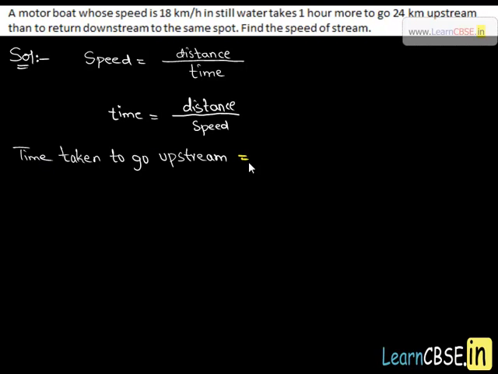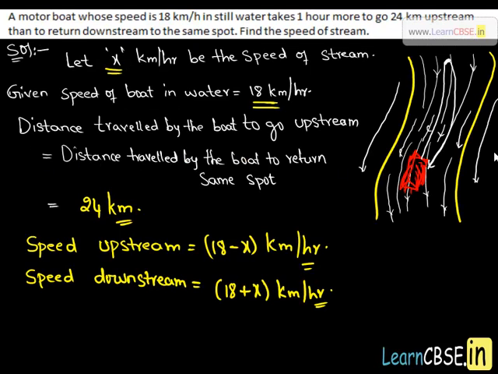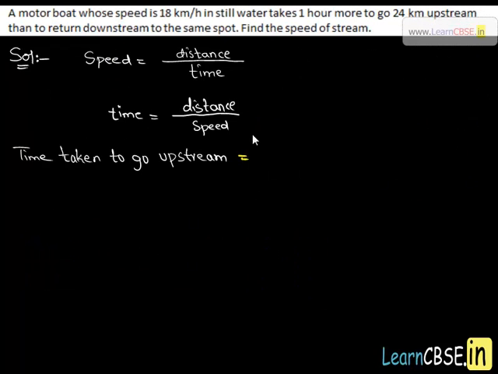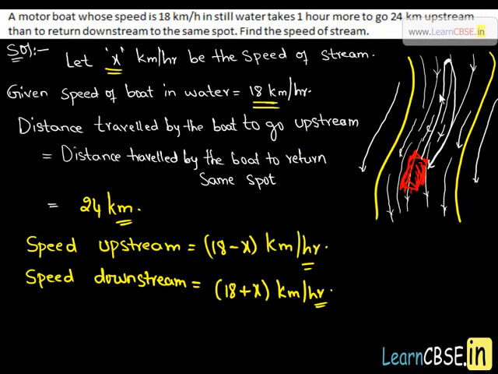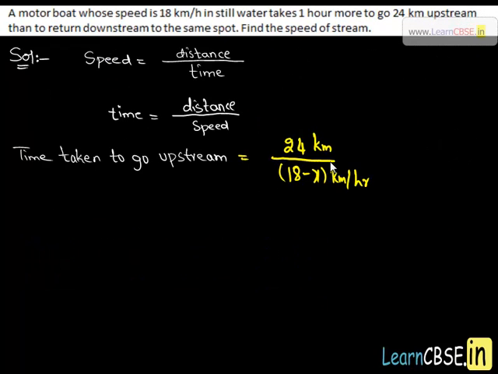It is equal to the distance traveled by the boat upstream, which is 24 kilometers, divided by the speed of upstream, that is 18 minus x kilometers per hour. Therefore, we get the value of time in hours.